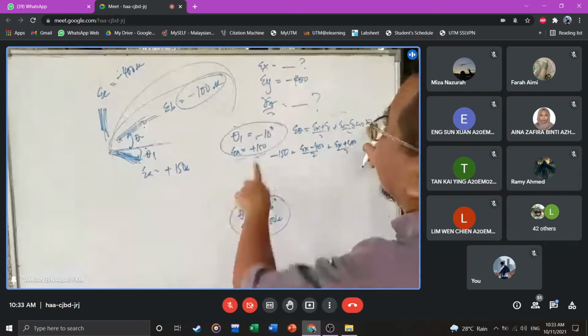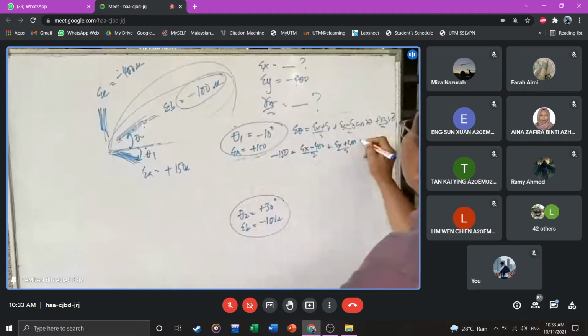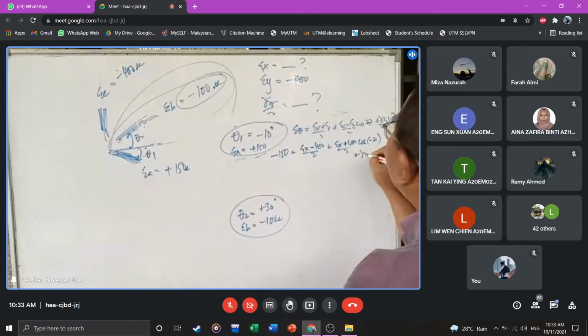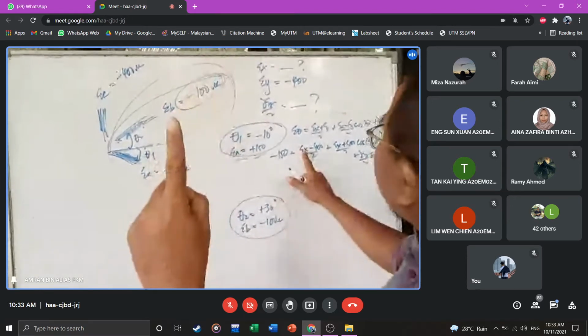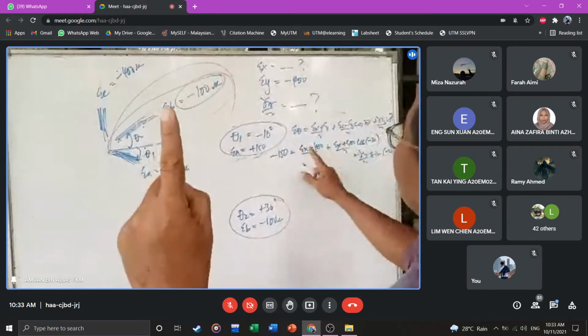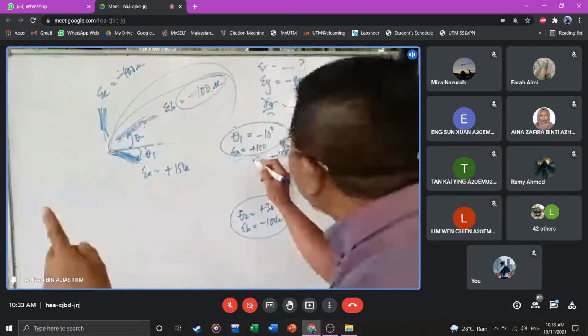I know the angle. The angle is 2 times minus 10, so cos minus 20, and then plus gamma xy over 2 sine minus 20. So from here I don't know two unknowns, Ex and gamma xy. So the total unknown is 2. That's one equation.